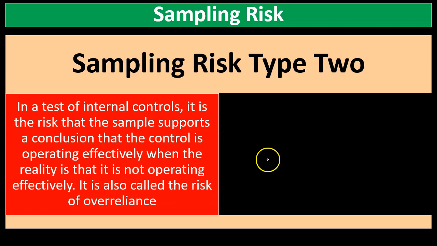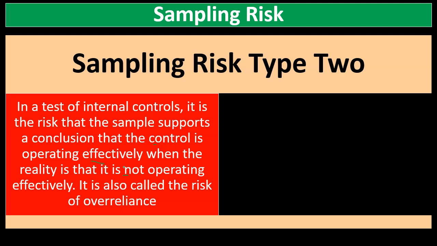Now, the other type of sampling risk is, in a test of internal controls, the risk that the sample supports a conclusion that the control is operating effectively when the reality is that it is not operating effectively. So in that case, we'd say the sample was wrong. We tested it, but it wasn't representative of the entire population.